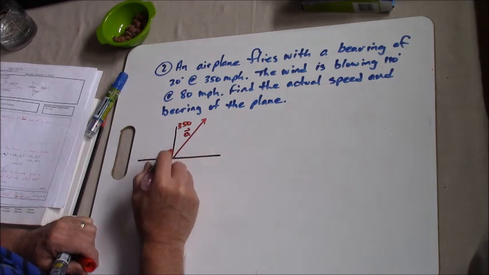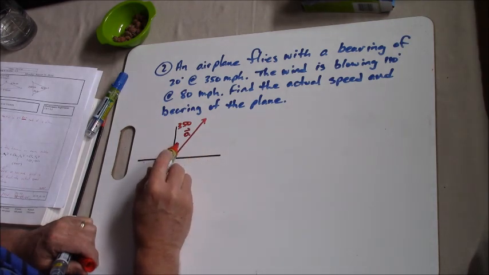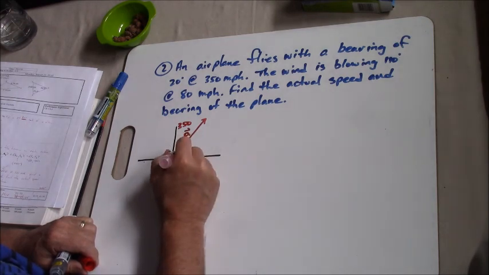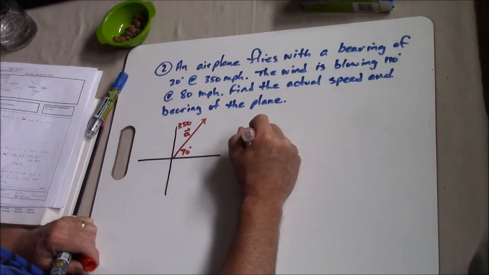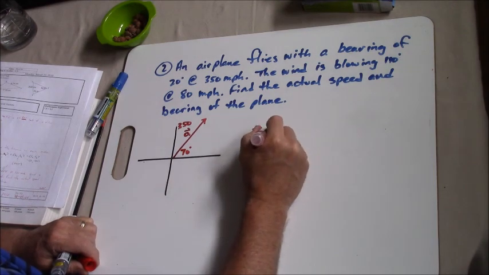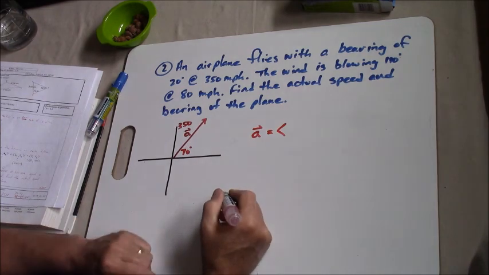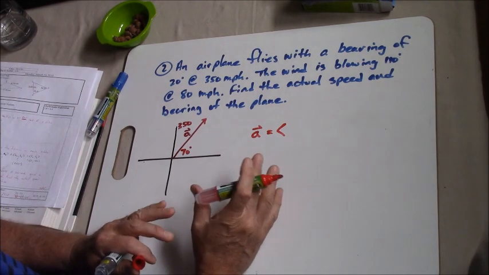And this angle right here was 20 degrees. So that means this angle should be 70 degrees. So I'm going to write vector A in component form. Remember how we just did the vectors for the cars?